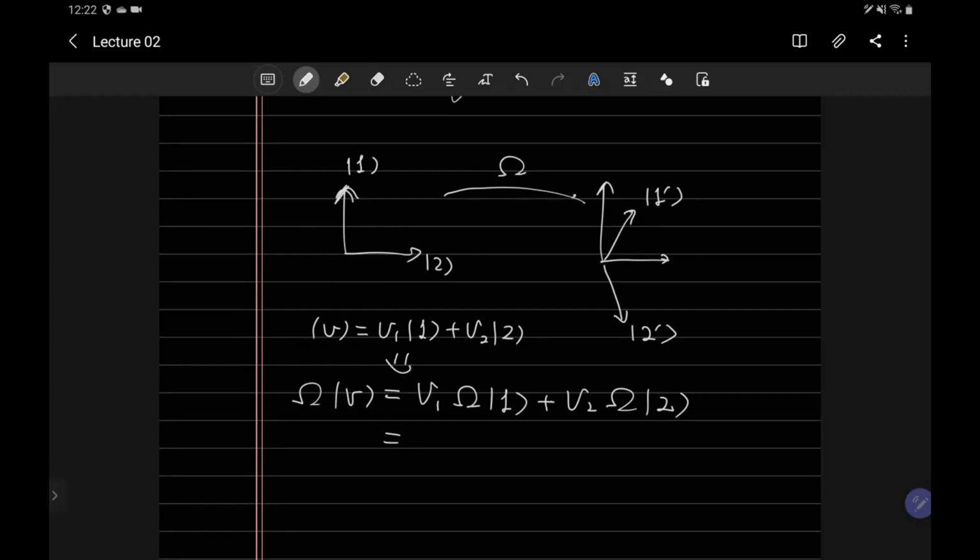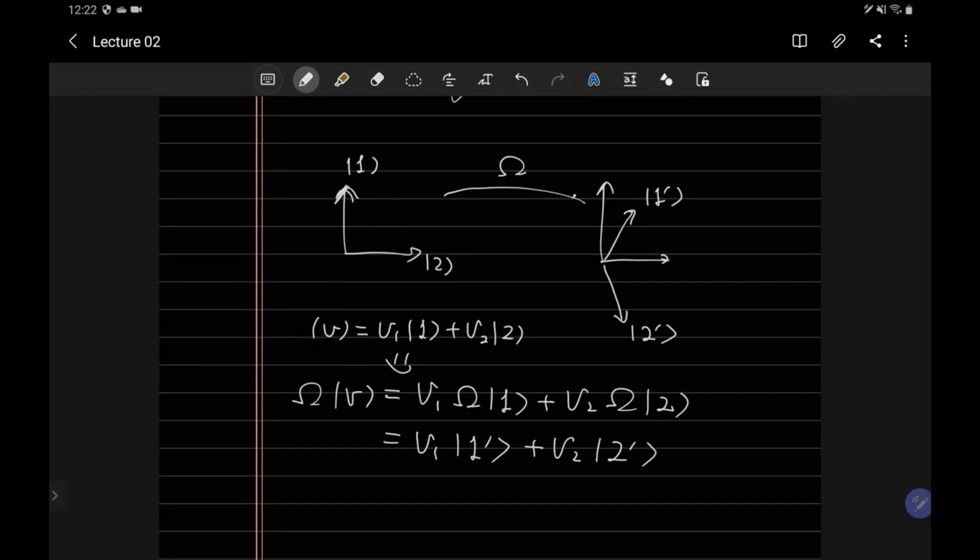This relation is only valid because omega is a linear operator, and we already calculated that this vector is mapped to 1 prime through omega. So we can simply say that this will always be like this, and v2 is always like this.